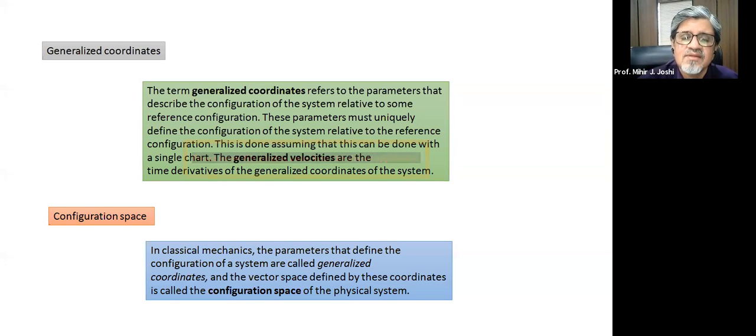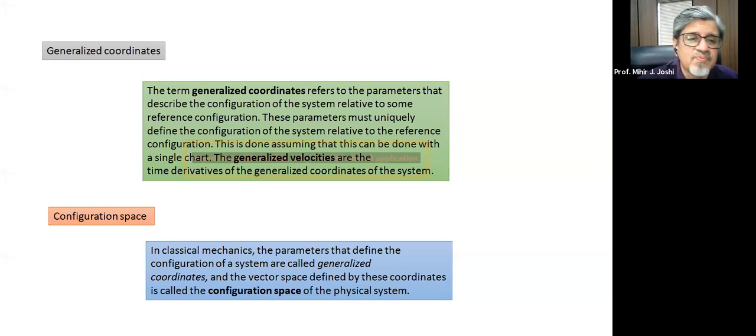And we know that the generalized coordinates and generalized velocities are defined. So configuration space is dealt with in the generalized coordinate system. We have already mentioned that q1, q2, q3 up to qn, or qi, represent the generalized coordinate system. Those can be converted into any coordinate system like the Cartesian coordinate system, spherical polar coordinate system, or any other type of coordinate system.